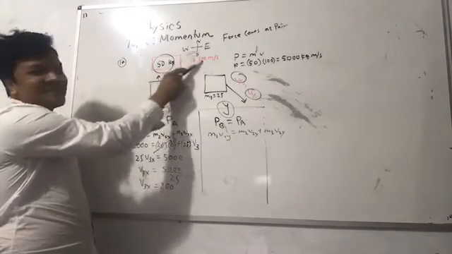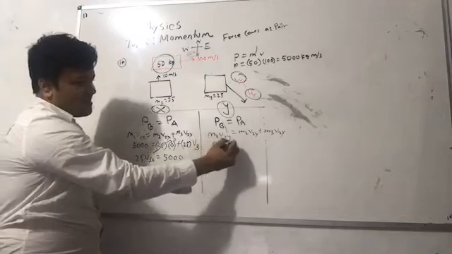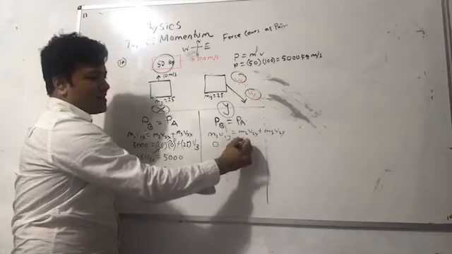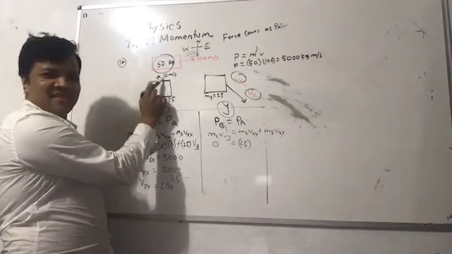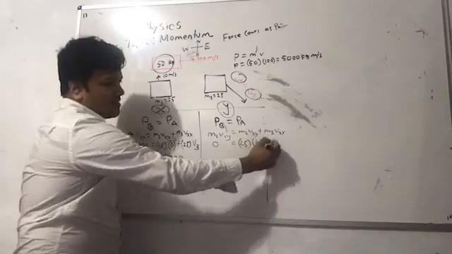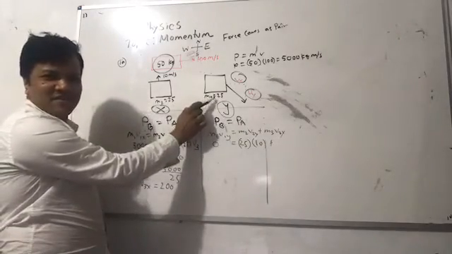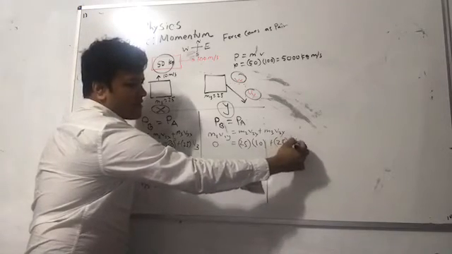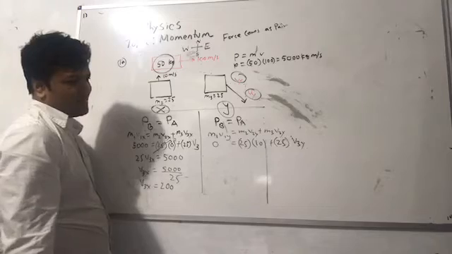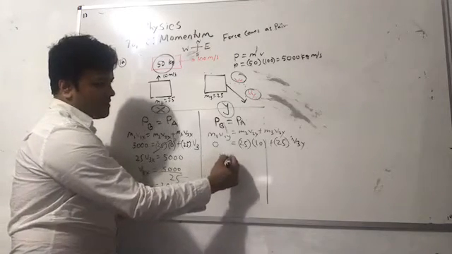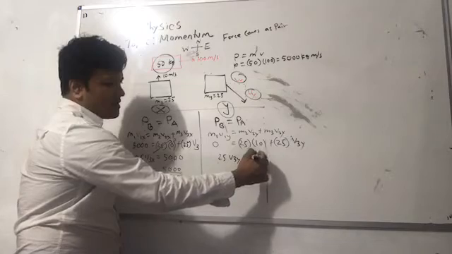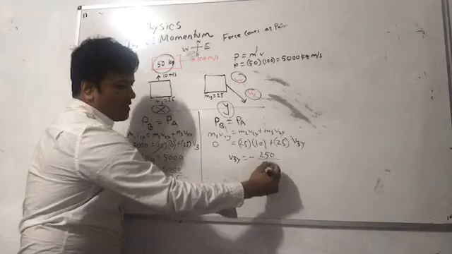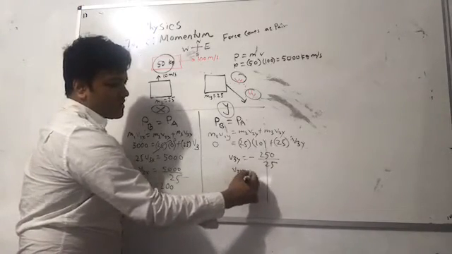All the momentum is x direction. m2 is 25. v2 is 10. m3 is 25. And v3y is something we try to find. So 25 v3y is equal to negative 250 over 25. So v3y is equal to negative 10.